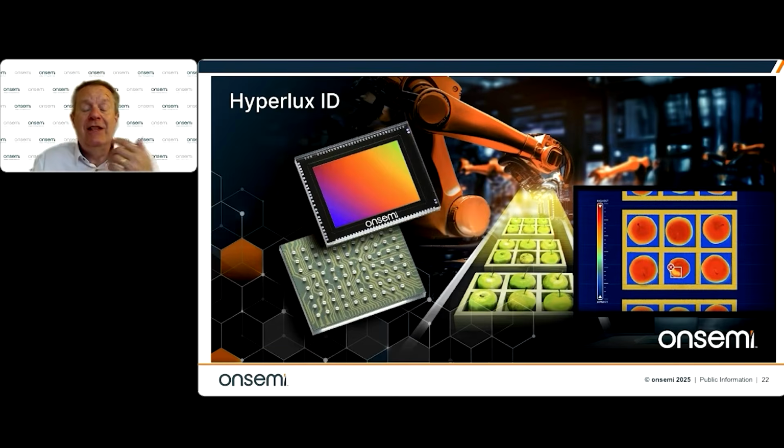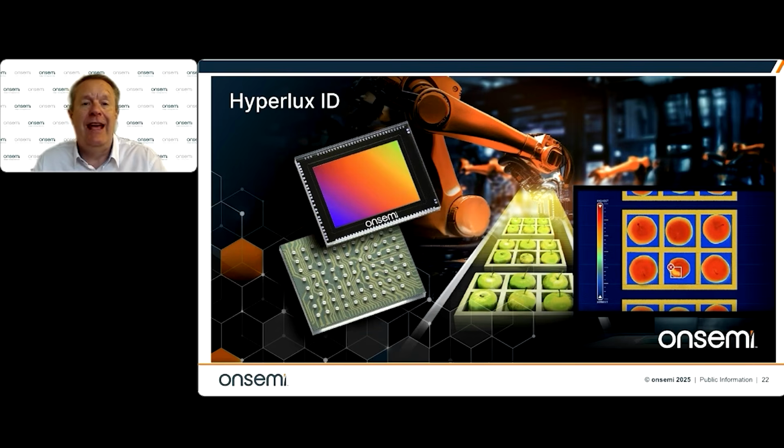Okay, so this is Hyperlux ID. So hopefully ID stands for indirect depth. I said that at the start. So the Hyperlux ID, and you want that to be true, iToF indirect depth. It goes hand in hand with our other family for low power from 5 megapixel, 20 megapixel.